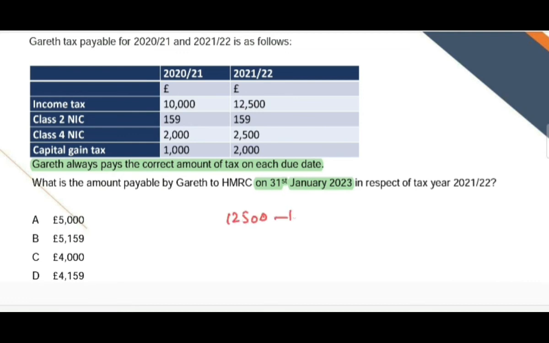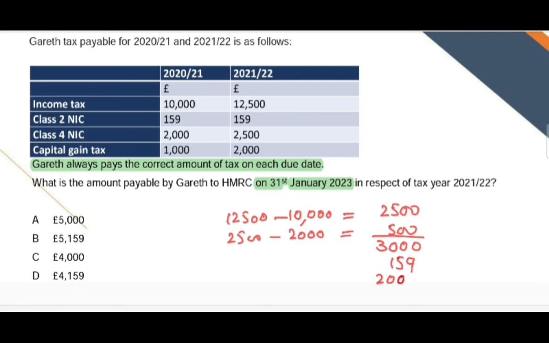Out of 12,500 he has paid 10,000, so the remaining amount would be 2,500. For class 4 NIC contribution, 2,500 less 2,000, the amount he has to pay is 500. This is 3,000, and now we need to consider the class 2 NIC contribution, which is 159, and capital gains tax liability, which is 2,000, and the whole amount would be 5,159. That is the amount that is payable on 31st January 23.